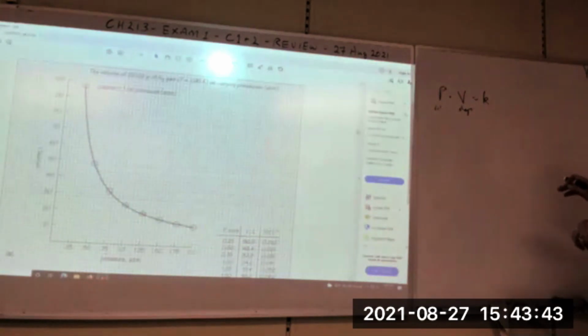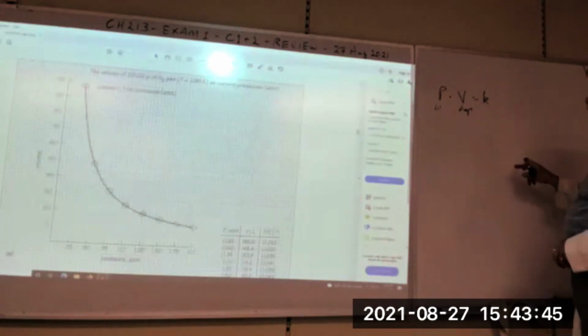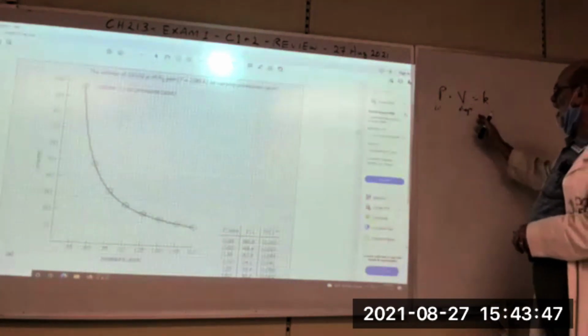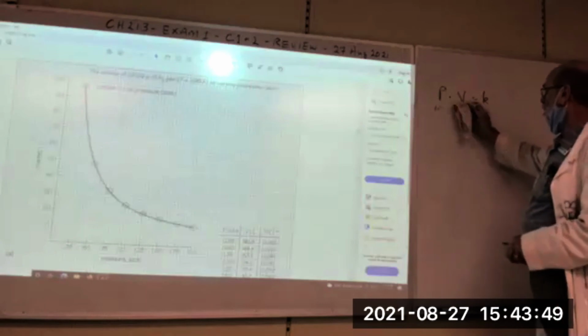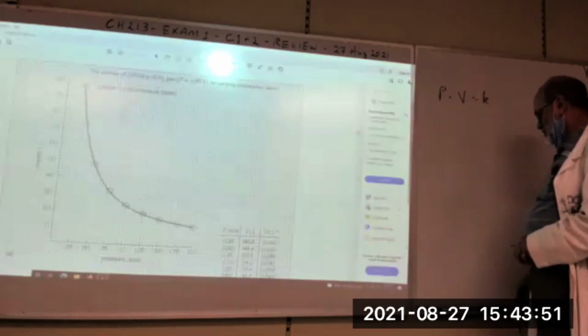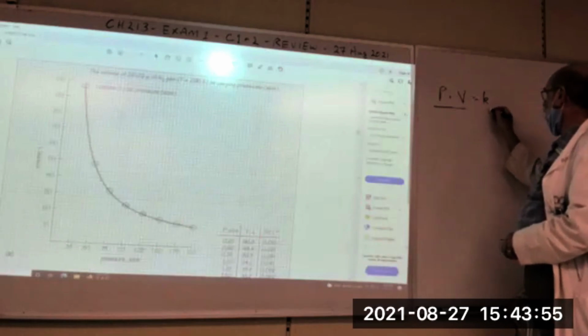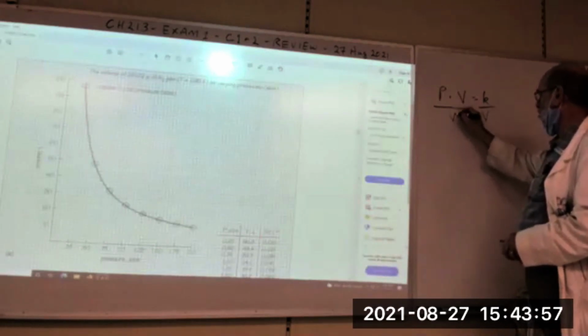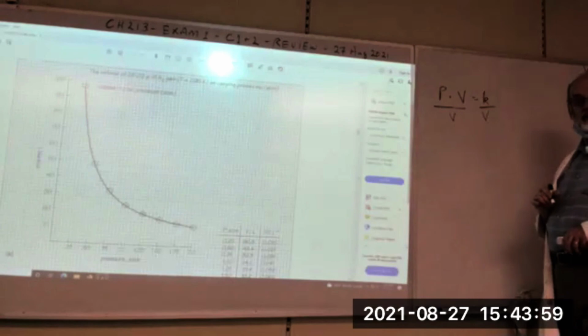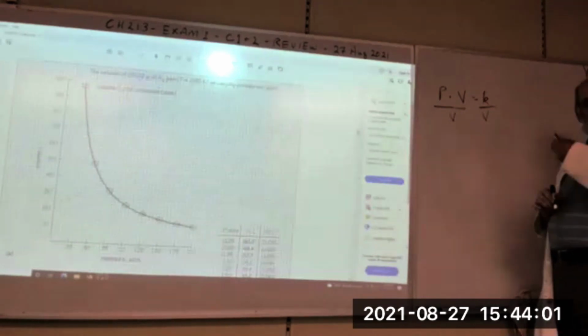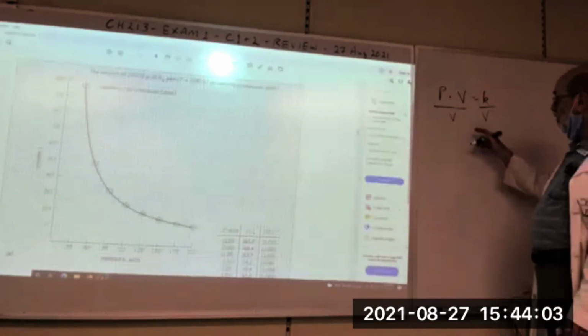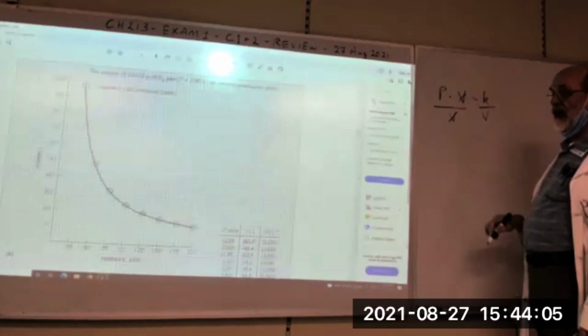So the transformation here we want, what if we divide both sides by volume? Here and here. Like that. We can do that. If you do the same thing to both sides, you haven't changed anything. So we divide this one by volume, volume cancels out.